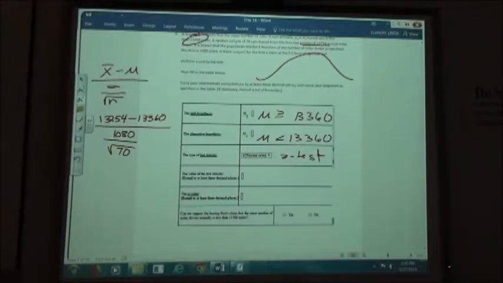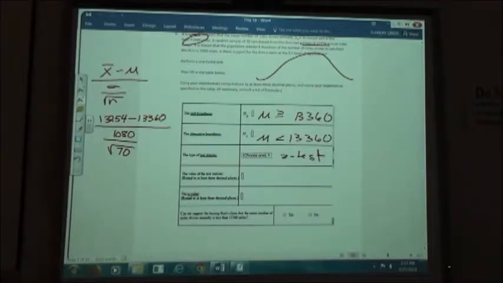How do I do it on the calculator? On a regular calculator, you would have to put the top in parentheses, or you'd have to figure that number out right away. 13,254 minus 13,360.